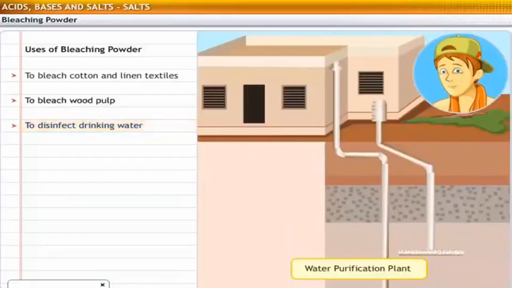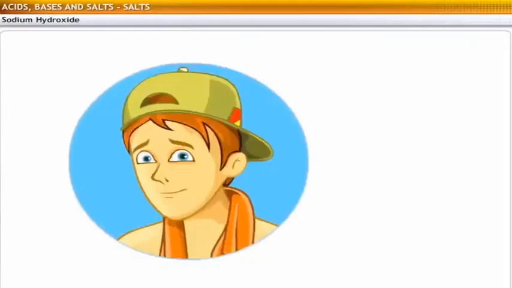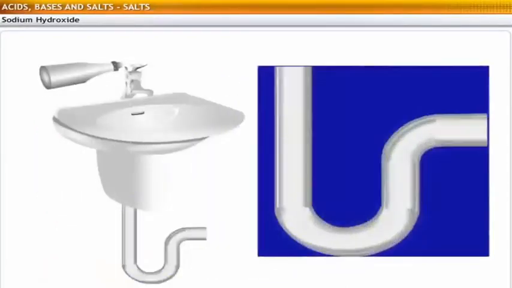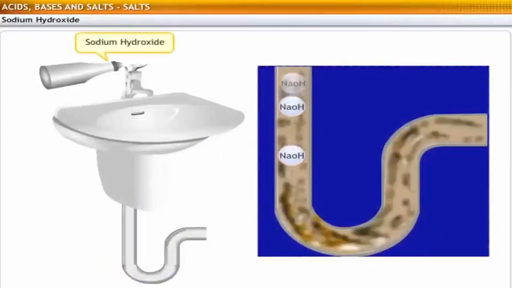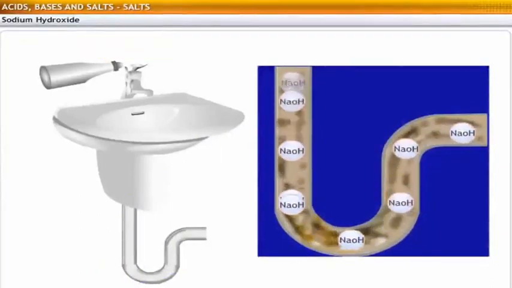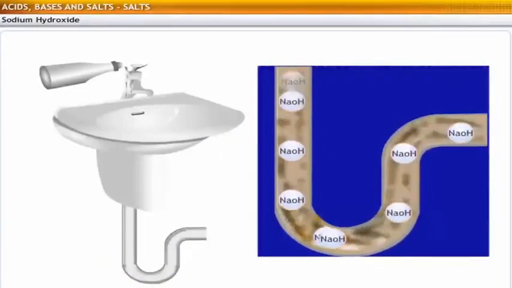What does your mother do when the kitchen drain is blocked? She uses a drain cleaner to clean the clog. Did you know the drain cleaner contains sodium hydroxide, which cleans the clog formed in the drain? When the pipe is clogged, it is because of a combination of fats and grease.